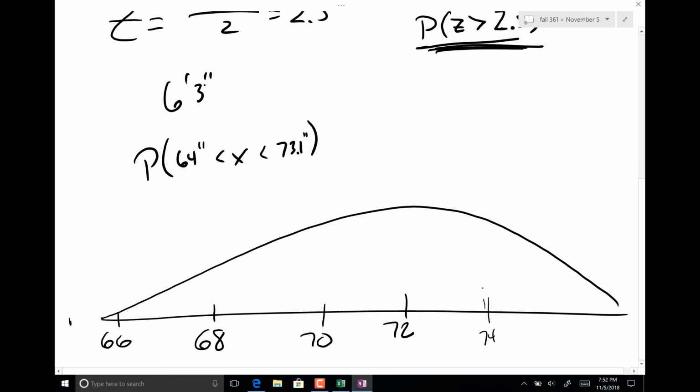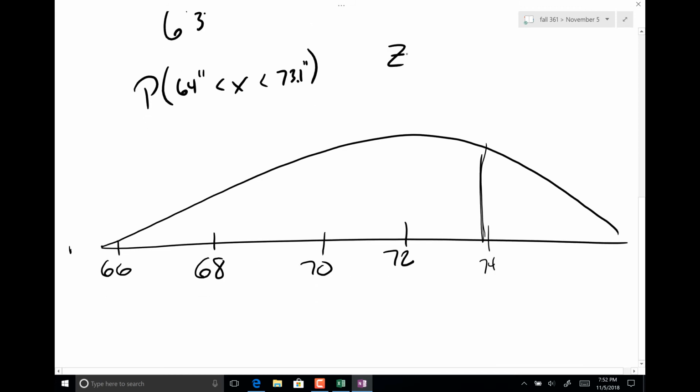This is interesting because if I make my z-scores, 64 minus 70 divided by 2 is negative, no, that's not right. I said 64? No, it's because it's supposed to be 72, you idiot. There you go. Negative 4 deviations, yes? Negative 4 deviations.